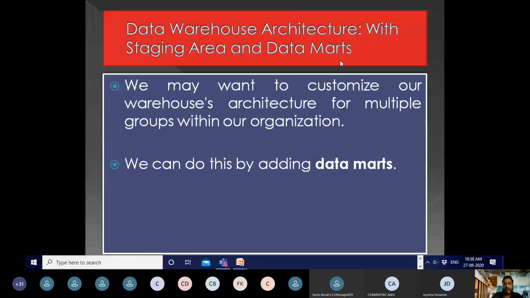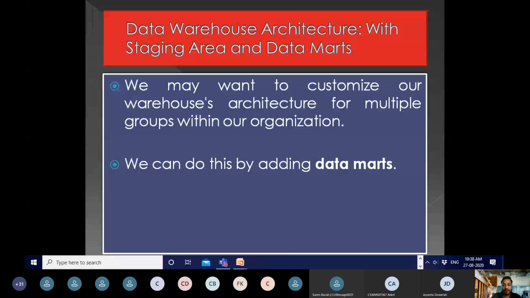Mind you, a data mart is not a mandatory part of a data warehouse. If you can afford it, only then do you go for creating data marts. Overall, you are loading the data in the data warehouse. If you extract the data from that data warehouse separately, as per the needs, and arrange it group-wise, only then are you using a data mart.